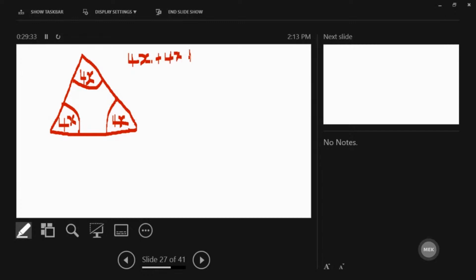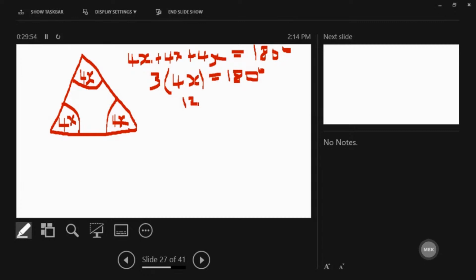4x plus 4x plus 4x, or we could have said 3 times 4x is equal to 180 degrees. Therefore, 3 times 4x, that's 12x.